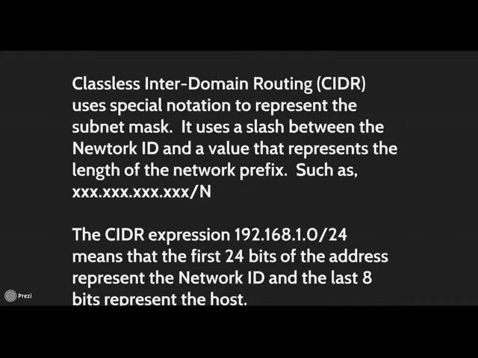So if you have a 255.255.255.0, every 255 is 8 ones. If you add up all the ones in 255.255.255.0, you come up with 24 ones and 8 zeros. So the CIDR expression of that would be something like 192.168.1.0/24, meaning 24 bits of the address represent ones, and the last 8 represent the host.